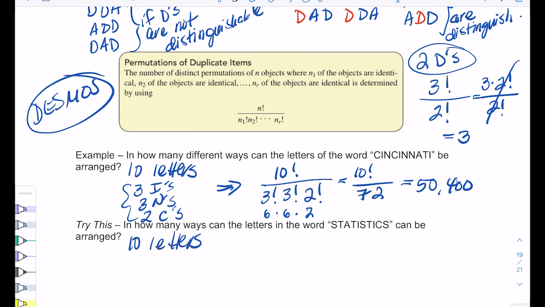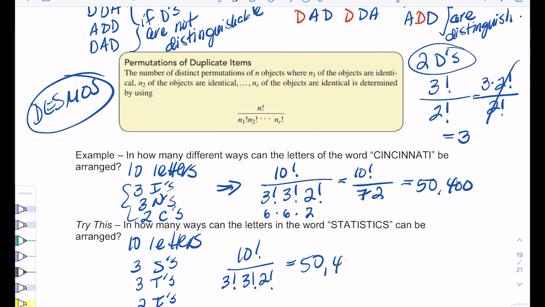There's 3 S's, there's 3 T's, and there's 2 I's. So it's just like the last problem. It comes out to be 10 factorial over 3 factorial times 3 factorial times 2 factorial, which we already know the answer is 50,400.